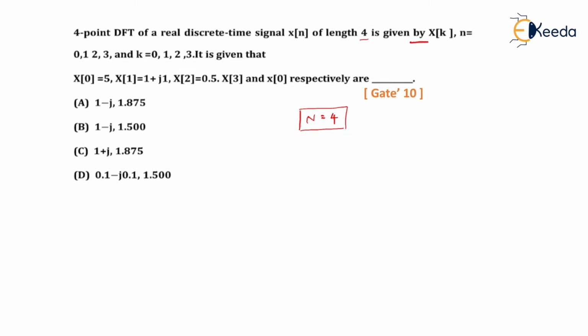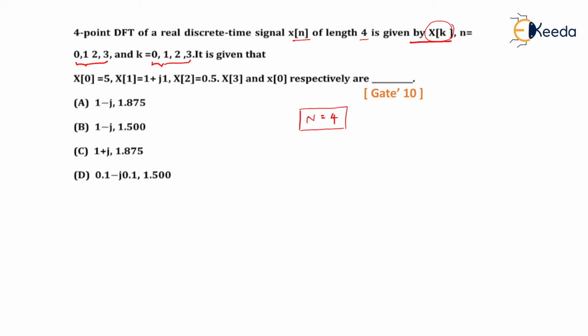Secondly, DFT of x of n is X of k. Since it is a 4-point DFT, x of n has independent variable n varied from 0 to 3, and X of k, which is the DFT of x of n, also has k varied from 0 to 3.